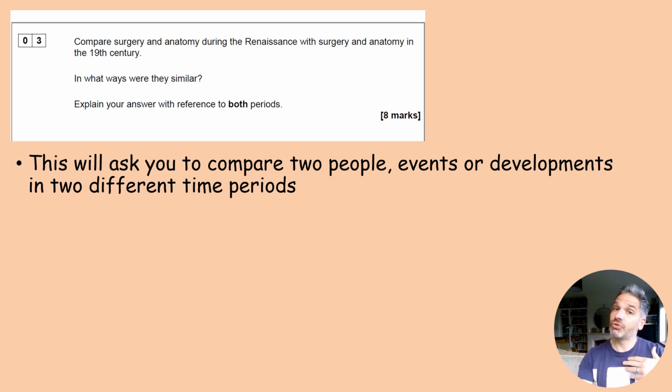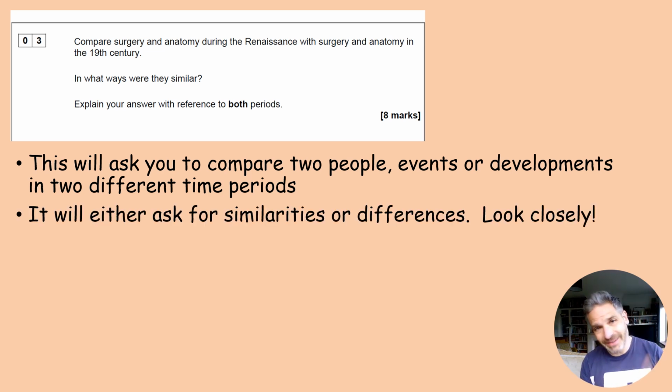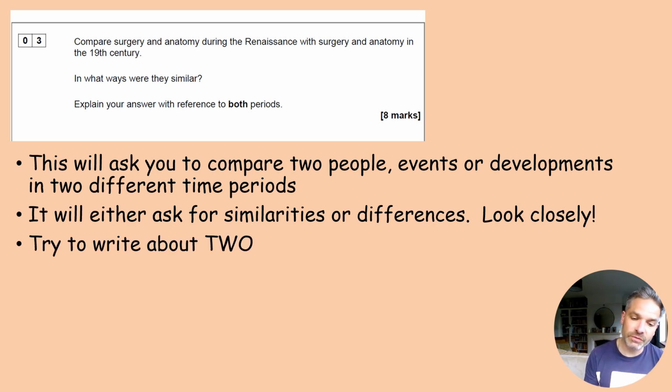Now, you're going to be asked to compare across two time periods, and you're going to be asked for either similarities or differences. So again, underlining what are the time periods, what are they looking for, similar or different. That's really, really important, so you've got that in your mind. And you're trying to write about two similarities or differences.